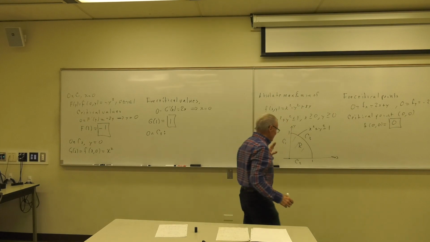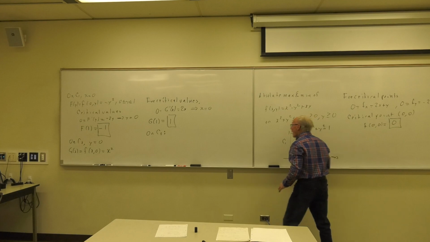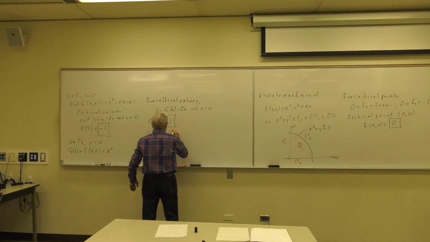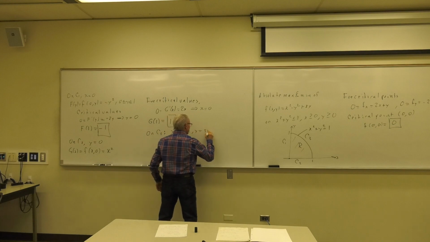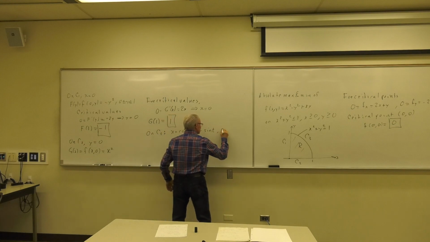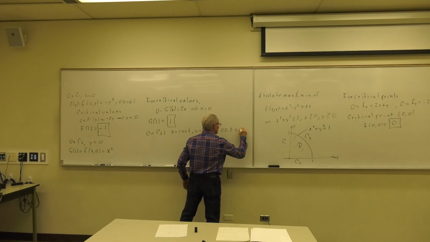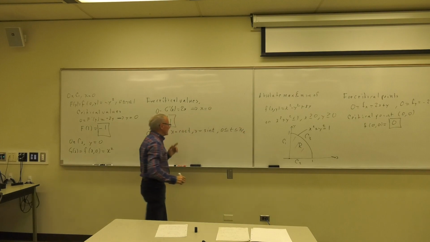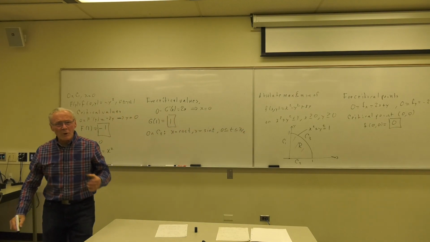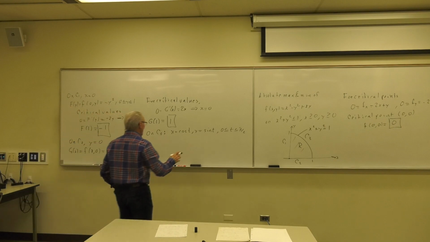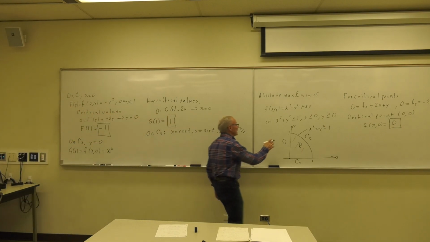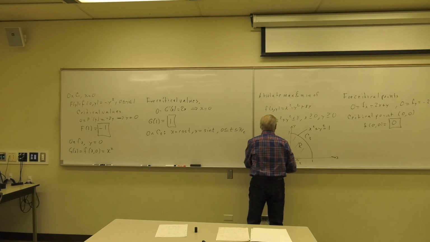I think the best thing to do would be to say, on C3, parametric equations are these. 0 less than or equal to t less than or equal to pi over 2. Those are parametric equations for that quarter circle. I'm going to pick those up, and I'm going to put them in my function and look at that guy.